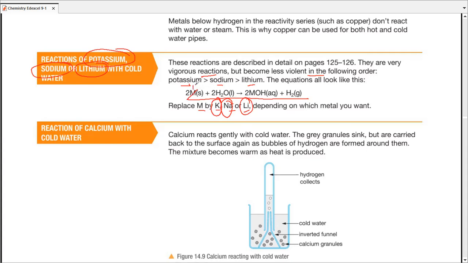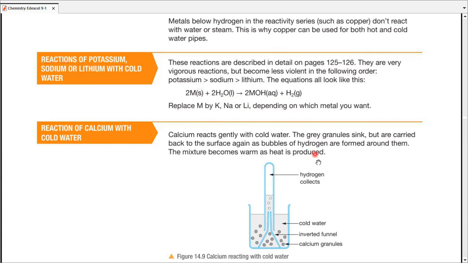So cut this M out, write K. That's the equation for potassium. Let's cut it out and write Na. That's the equation for sodium, and that's how easy it goes. If you remember the sample equation, it should be very easy for you to come up with any element the examiner asks for.